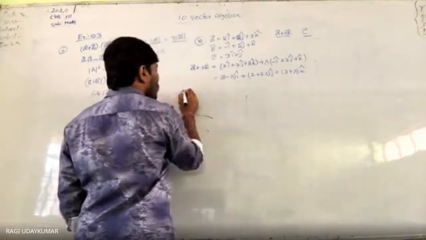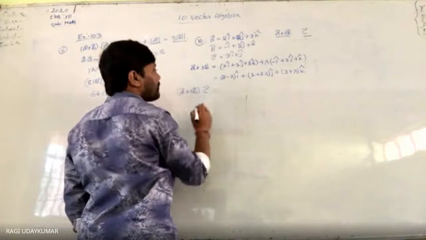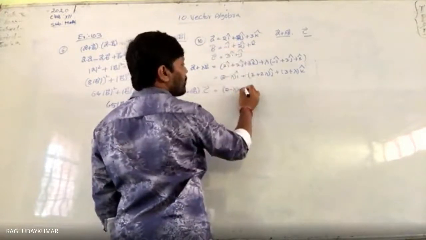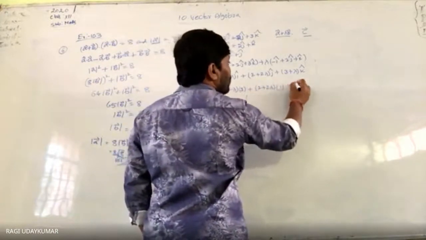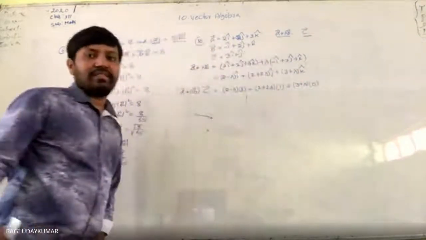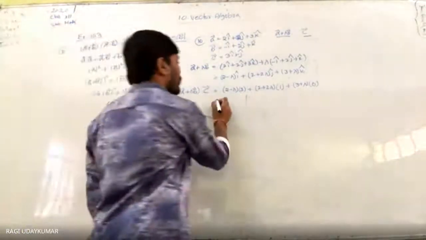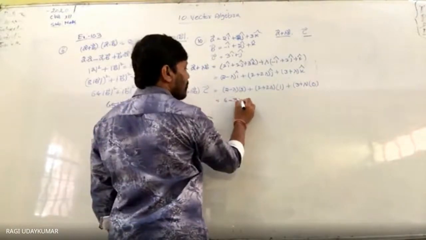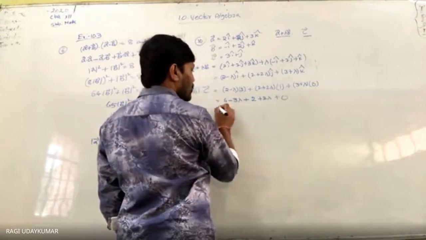So now the dot product you consider: 2 minus lambda into 3, plus 2 plus 2 lambda into 1, and 3 plus lambda into 0. K vector is not given here. So now in this case you simplify everything. So what you get here: 6 minus 3 lambda plus 2 plus 2 lambda plus 0.